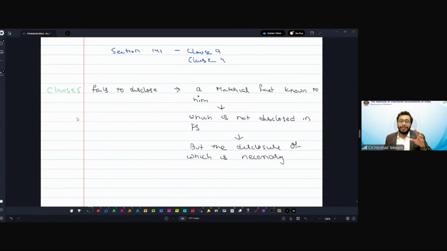If he fails to disclose a material fact known to him, he will be held guilty of professional misconduct.